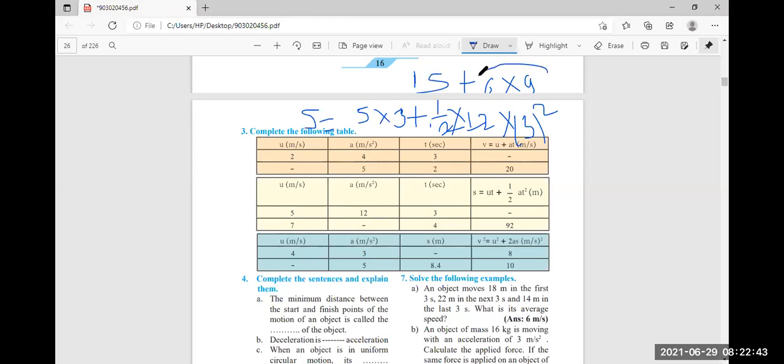Then add: 54 plus 15 is 69. The answer is 69. Everyone, understood how to do it? Yes, sir.